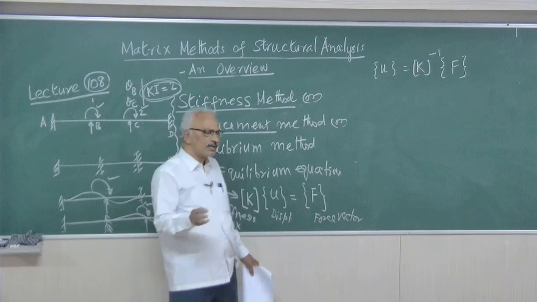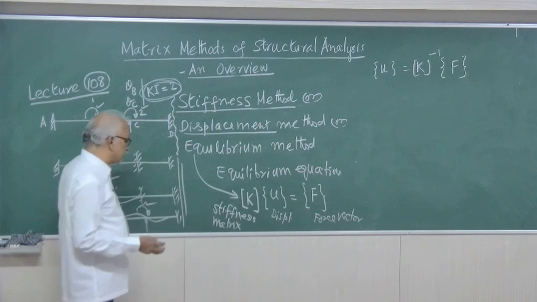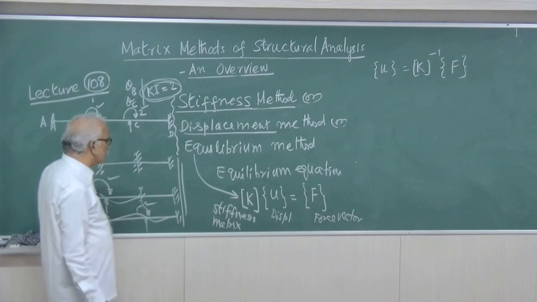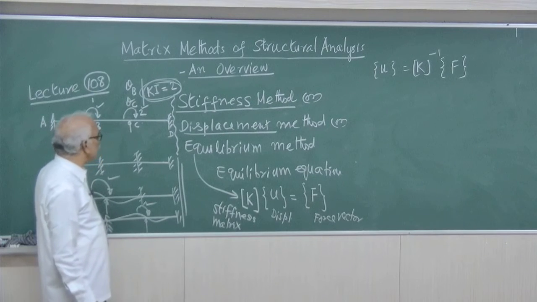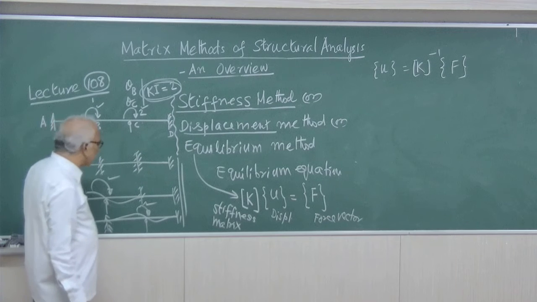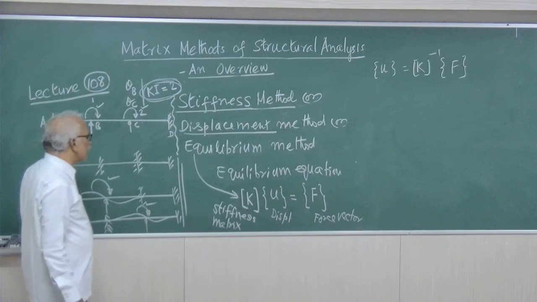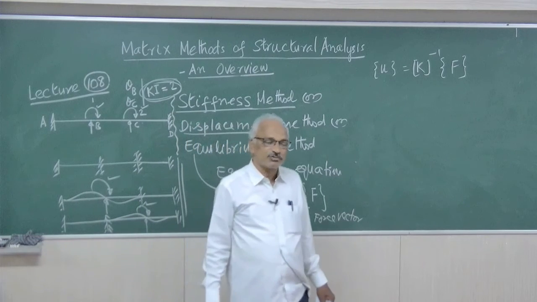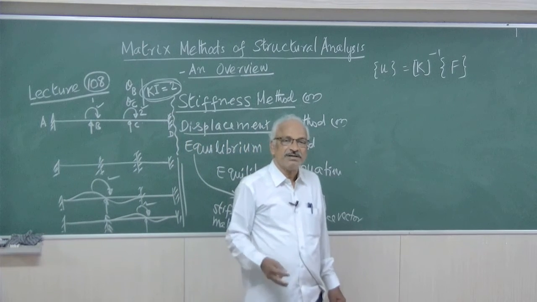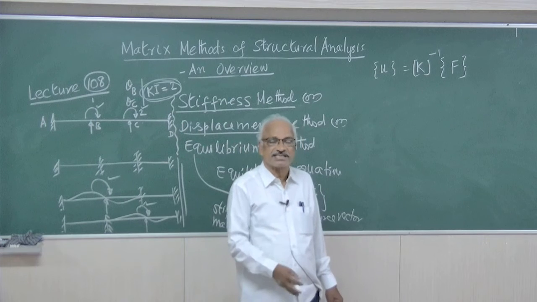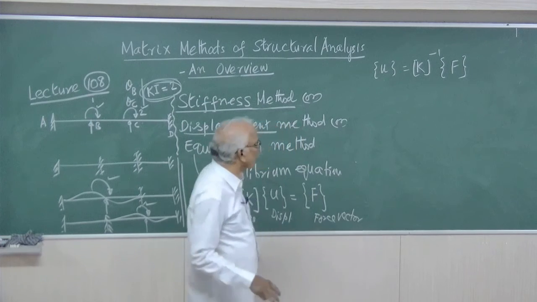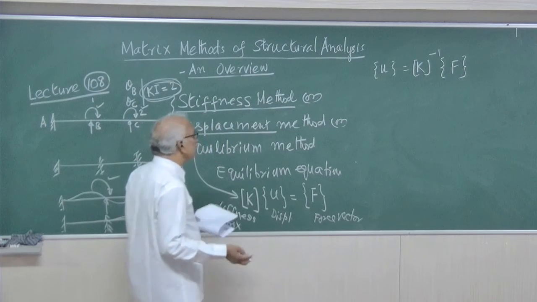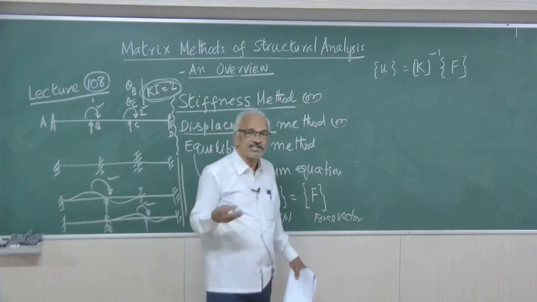These are all attractive questions for examiners, about the basics only. So these are all important: alternate names for the different methods, the equilibrium equation, compatibility equation, principle of superposition of forces, principle of superposition of displacements, primary structure, constrained structure. One has to be familiar. What is a flexibility coefficient? What is a stiffness coefficient? These are all important.